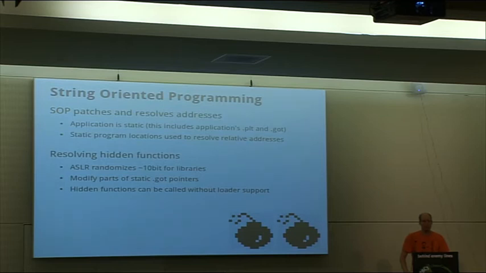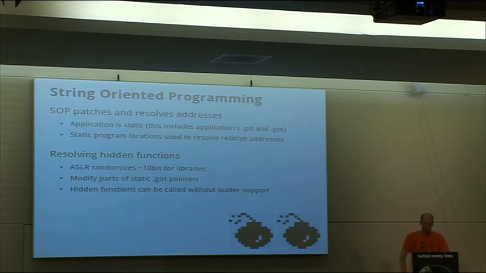And we can use these available offsets for our needs. So if we want to resolve a hidden function, we just search for a GOT slot that contains the pointer to that given function.